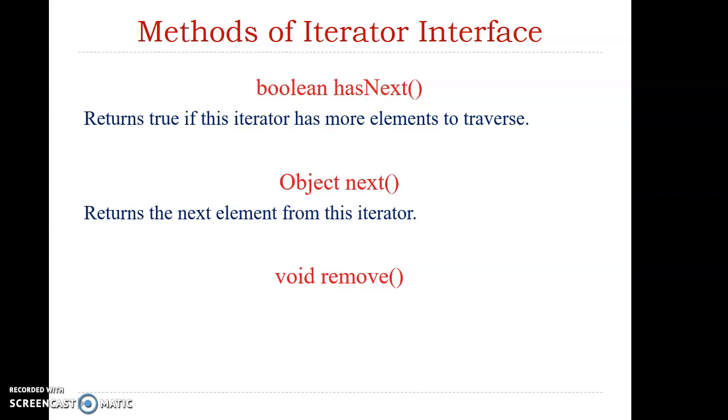After iterator we have another interface named ListIterator, with which we can traverse the list only, and in both directions, forward and backward.